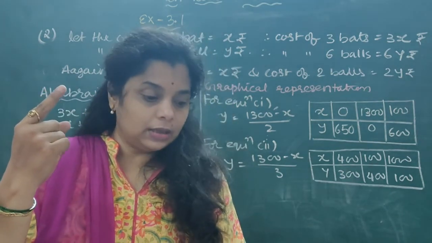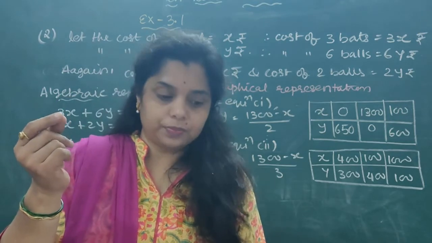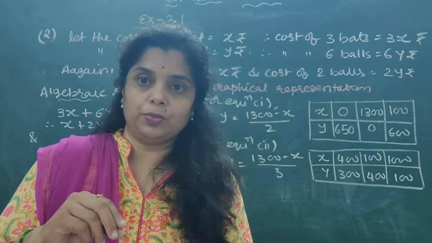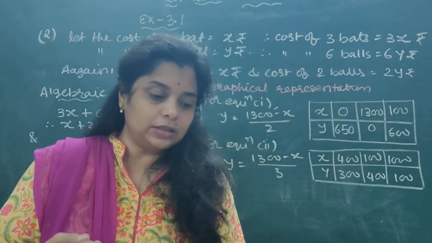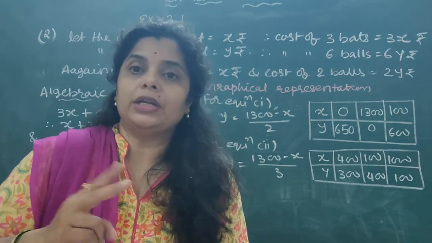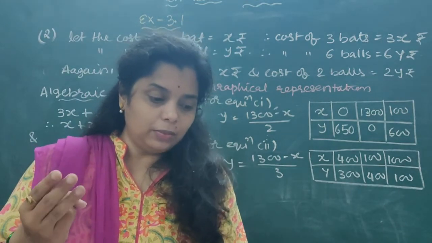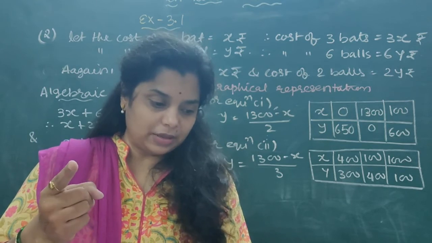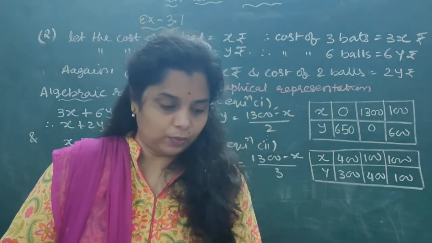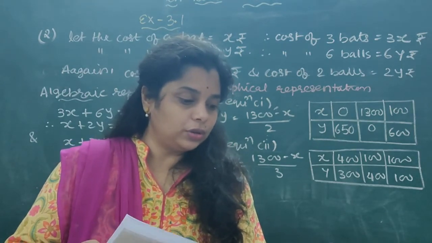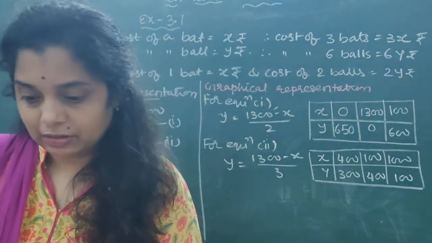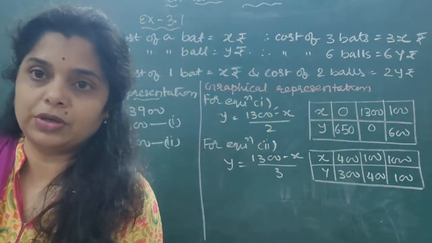In one case the coach buys 3 bats and 6 balls for 3900 rupees, and in the second condition she again buys the same kind of bat and ball, but the quantities are different: 1 bat and 3 more balls, for 1300 rupees. And they are asking to show this situation algebraically as well as graphically, or we can say geometrically.